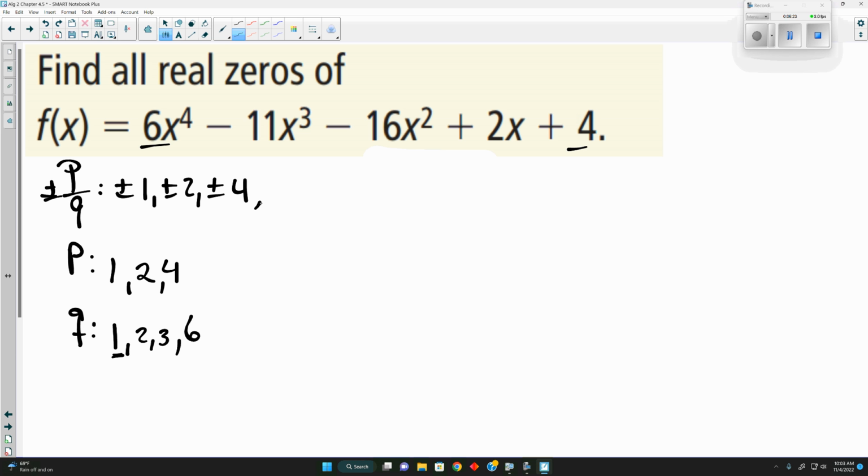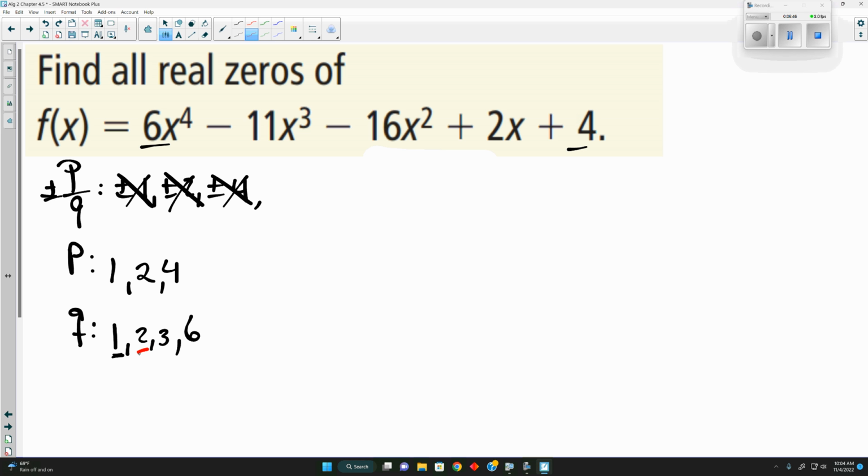So did it cross at positive 1, negative 1, positive 2, negative 2, or positive or negative 4 when we graphed it? No, it crossed at not nice numbers, so we already know that none of those are going to work because we already looked at the graph, yes?